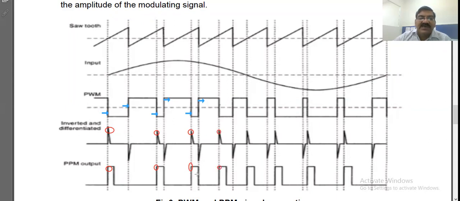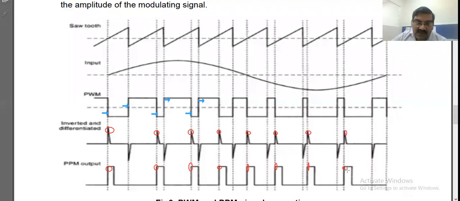The pulse width is fixed here; only the pulse position changes. Again, the positive pulse, the pulse will start here, and again at each positive pulse.